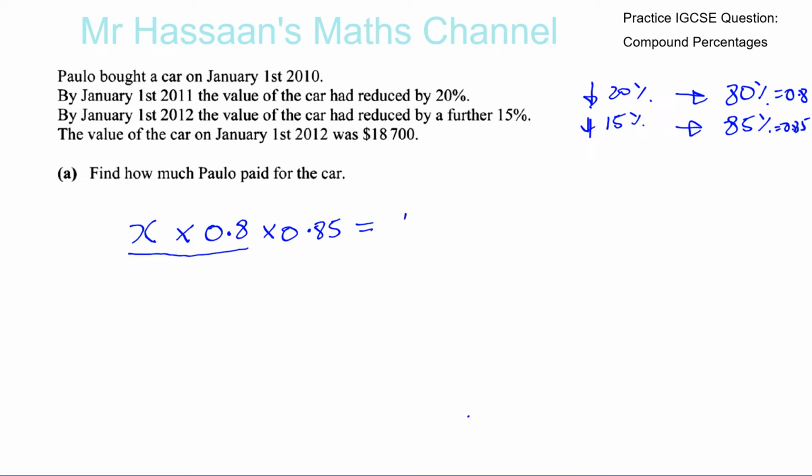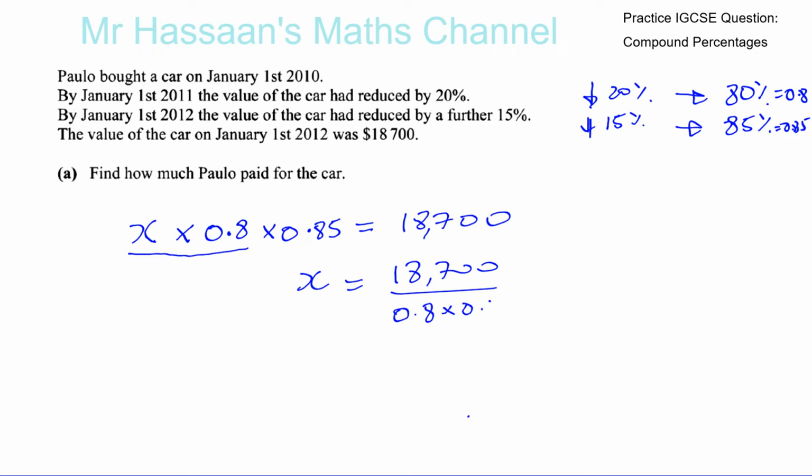So the amount it was in 2010 was reduced by 20%, so multiplied by 0.8, and that's the amount it was by the 1st of January 2011, and that again was reduced by 15%, so now it's 85% of what it was, and then its value became $18,700. So if I want to find what X is, I simply take 18,700 and divide it by 0.8 times 0.85.